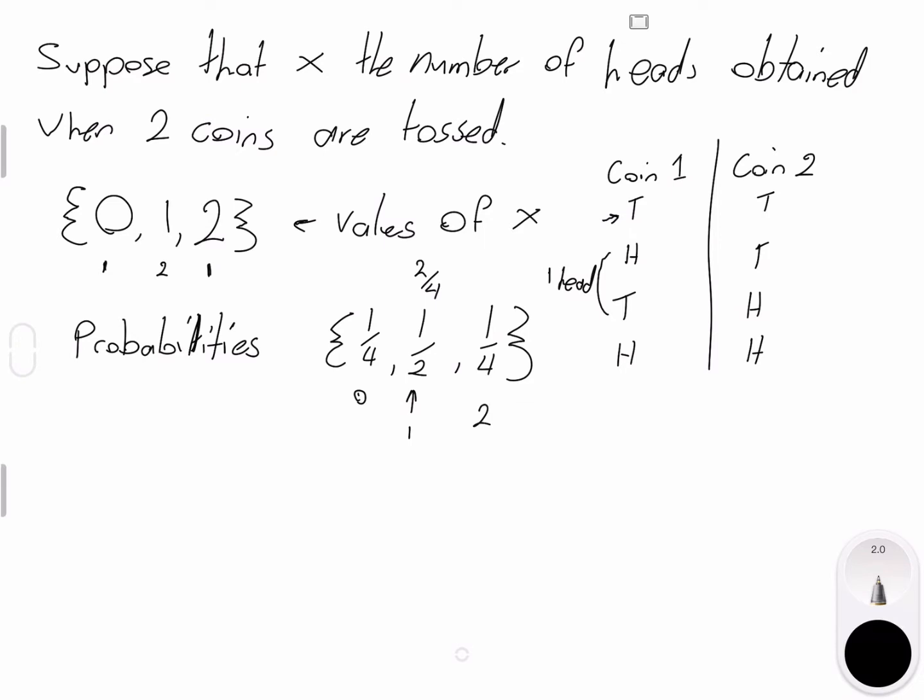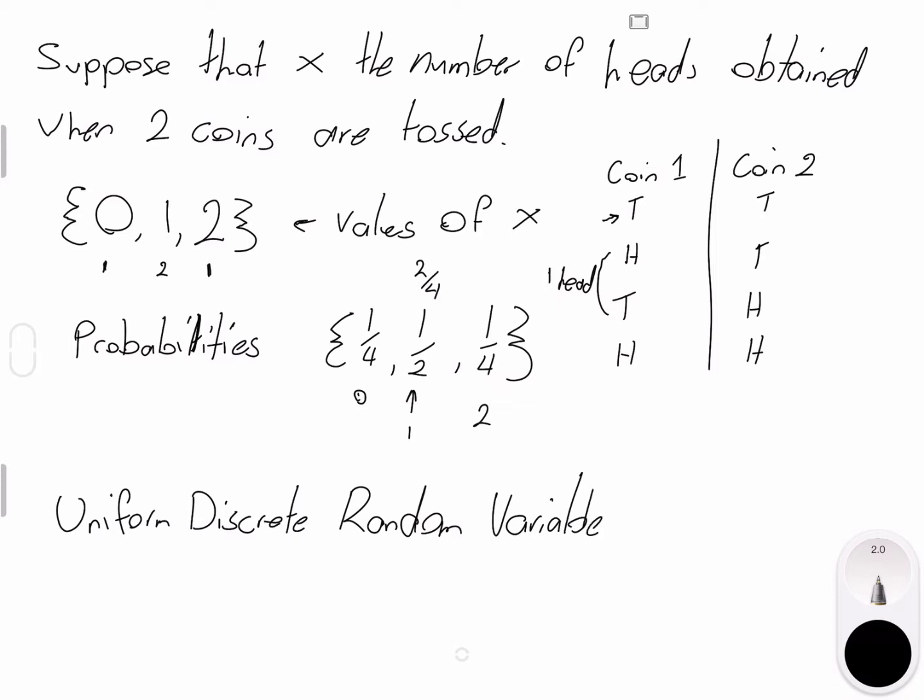We've also got, and I'm just going to talk about this, so please pay attention. We've got uniform discrete random variables, and what the uniform discrete random variable is, let's write it down, is that all values of X have the same probability.